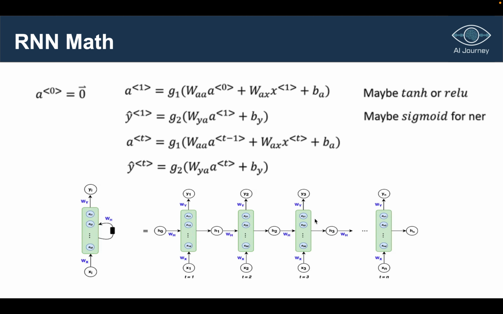No, this is a replica over time. At each timestamp, we take the inputs, we compute a unified activation in terms of the input and the last activation or the last hidden state, and then we get an output based on this activation, which has the information from the input and the last timestamp.